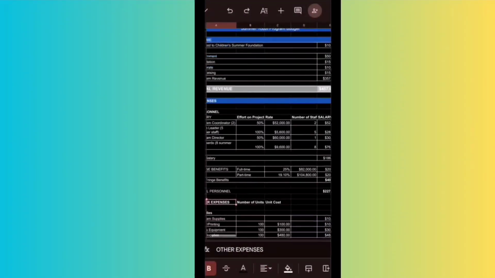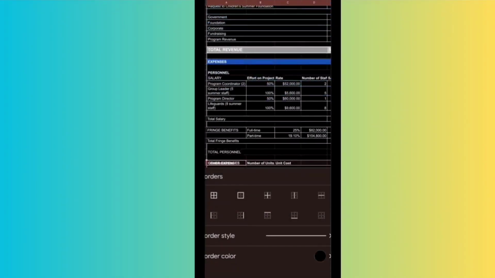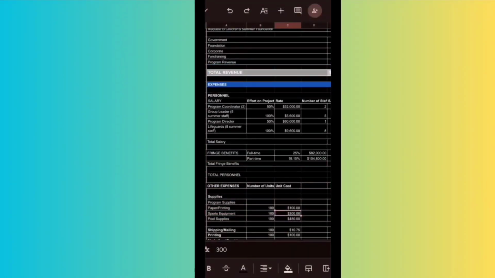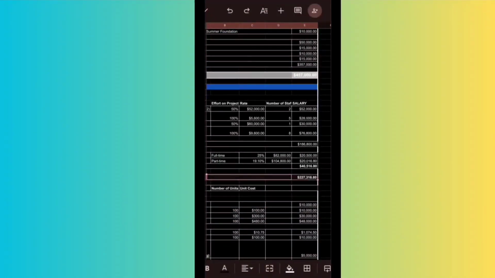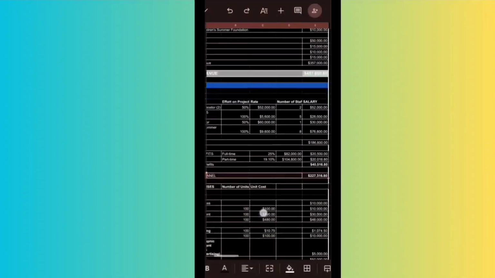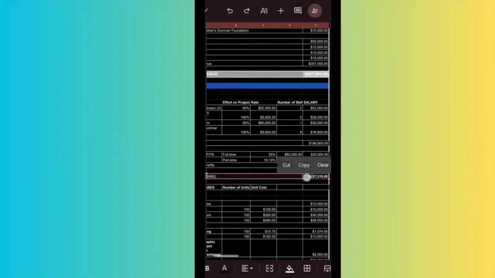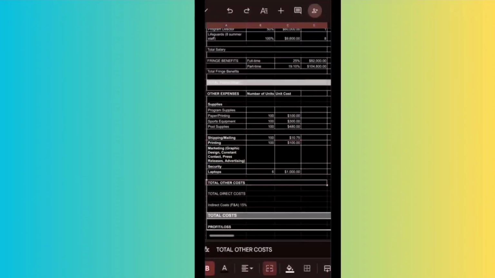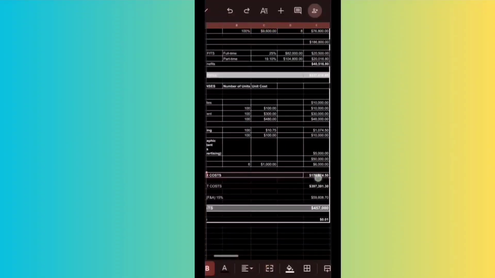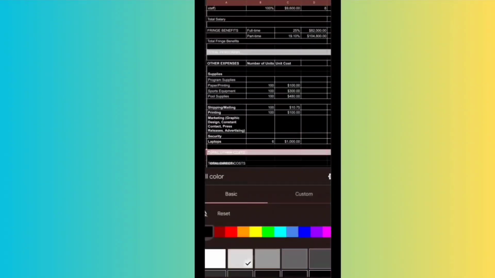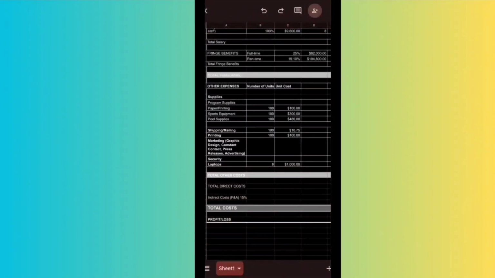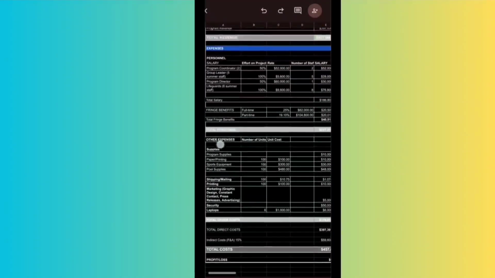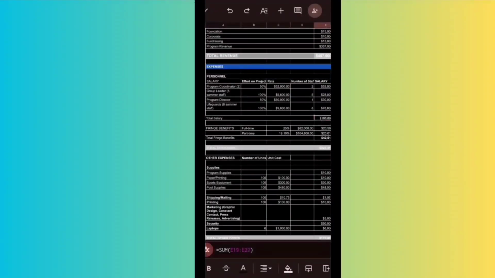We're going to add more of a fill to the revenue. So now our budget template is becoming a little more colorful, a little more organized. Now it looks like a budget. We've done the whole thing together.